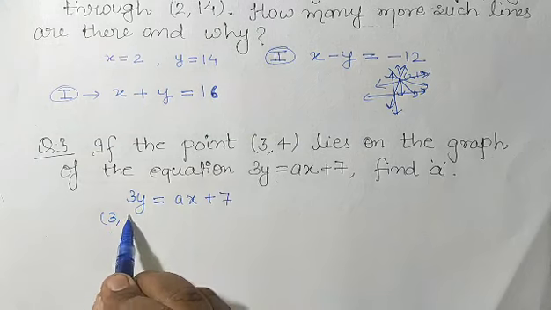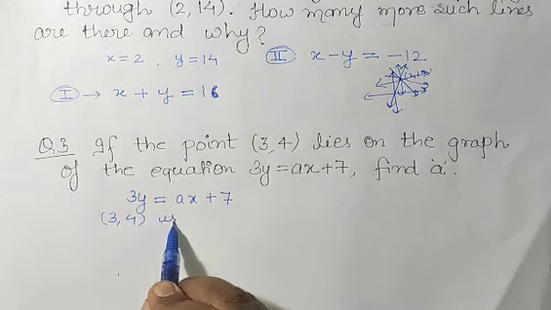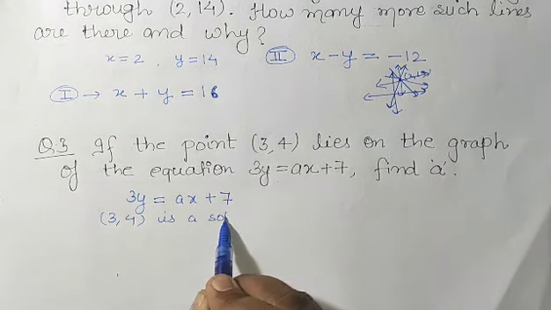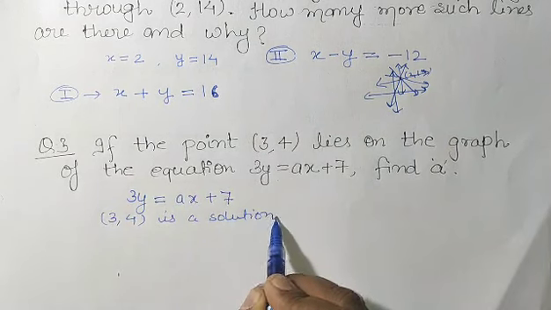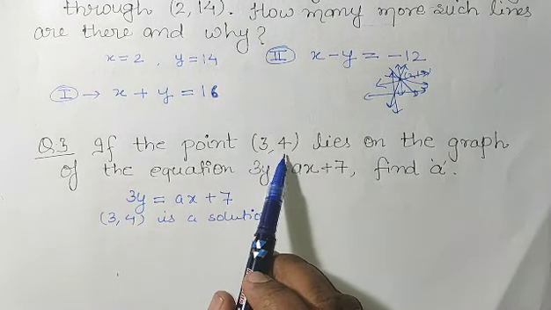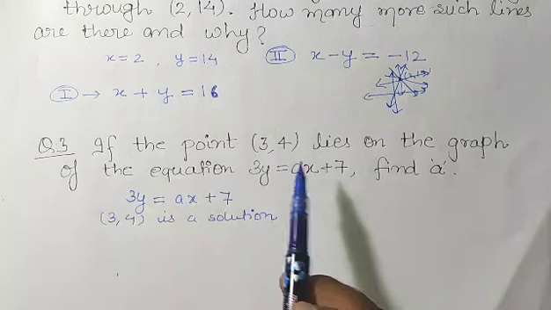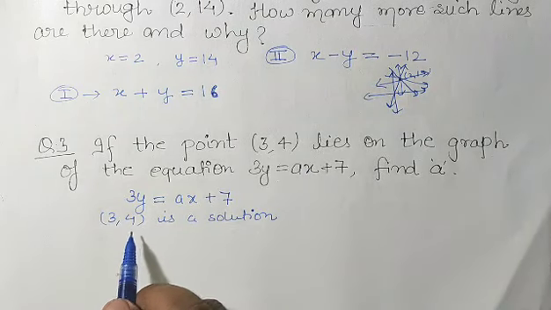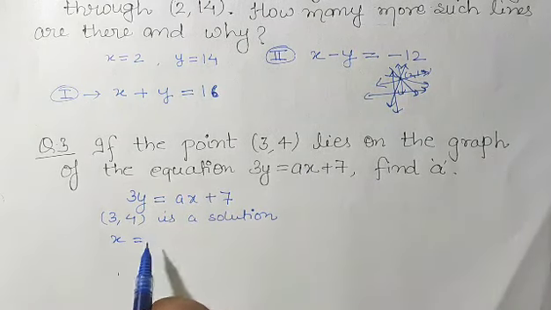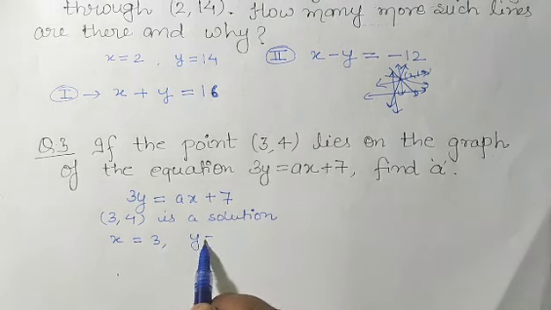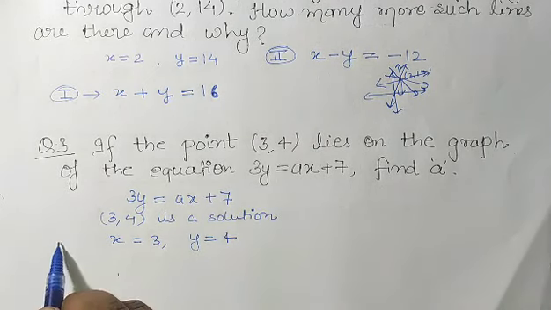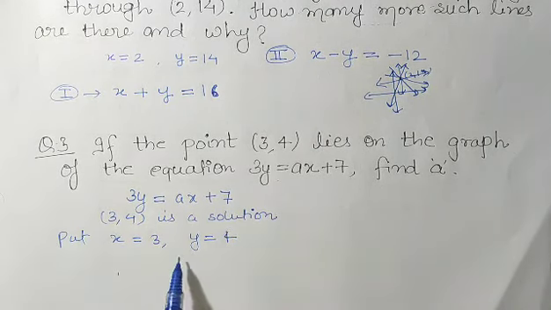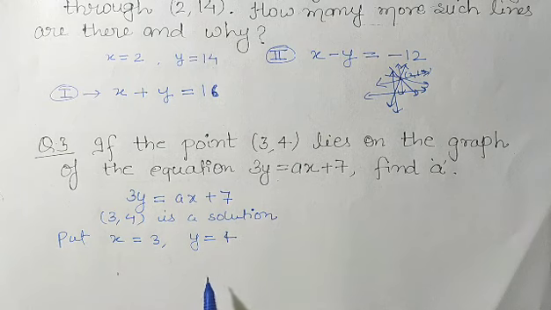So 3, 4 is a solution, because this point is lying on this line. So if it is a solution, then x is equal to 3 and y is equal to 4. Just put x equal to 3 and y equal to 4 in this equation.